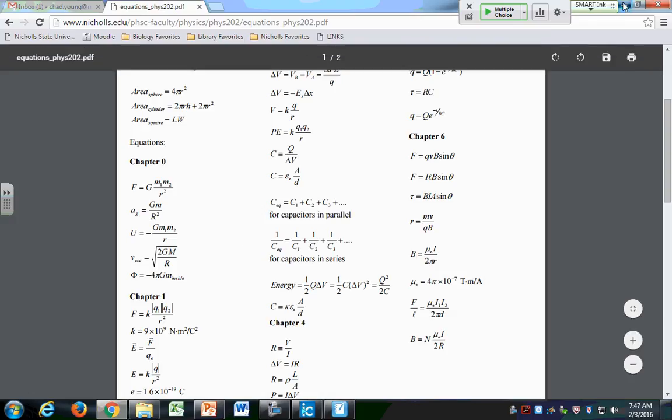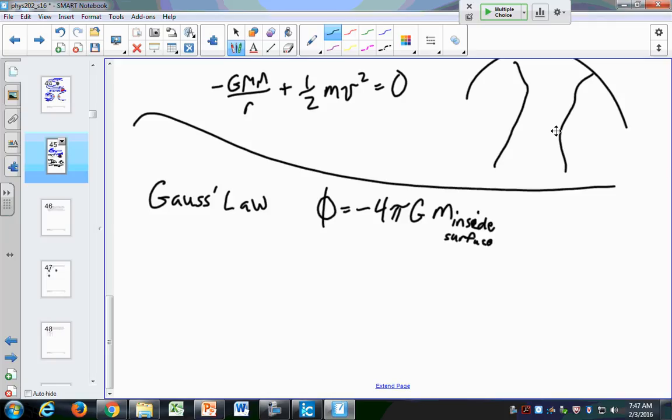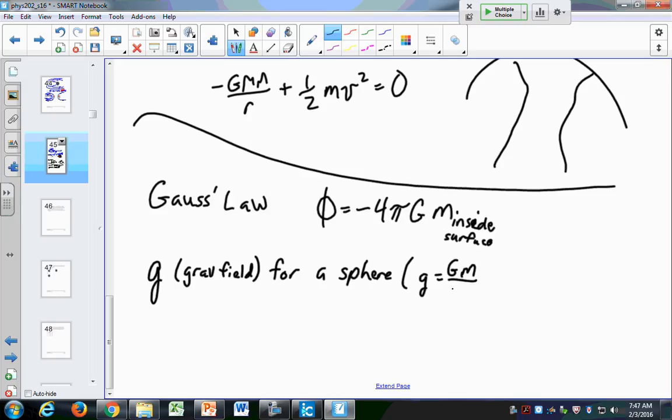But you should go back over the derivations for the gravitational field g for a sphere. Remember, that was that g is equal to GM over r squared, because that also applies for the Earth.